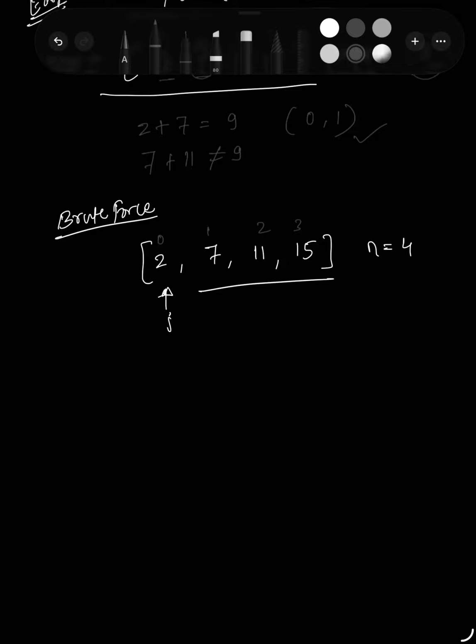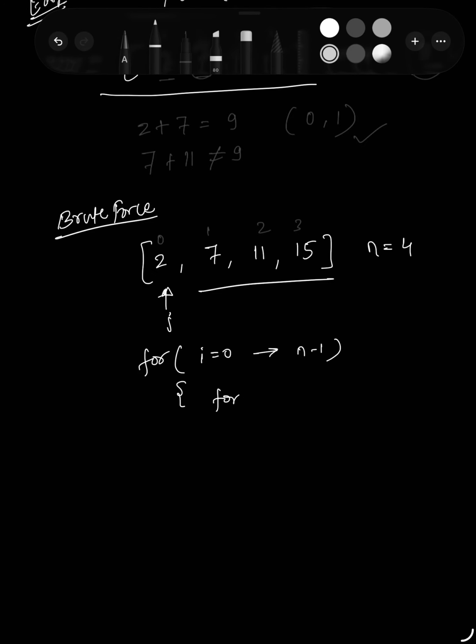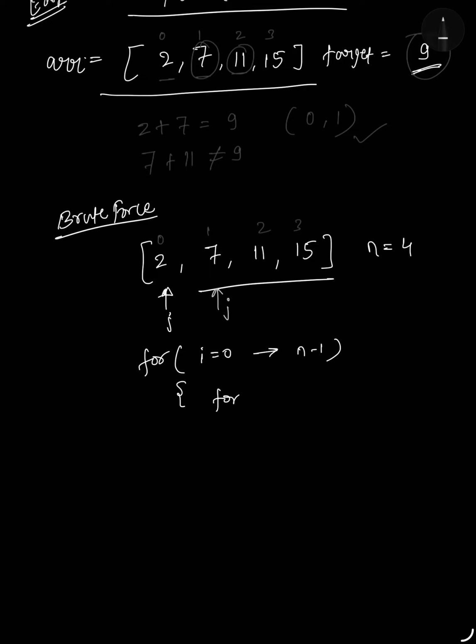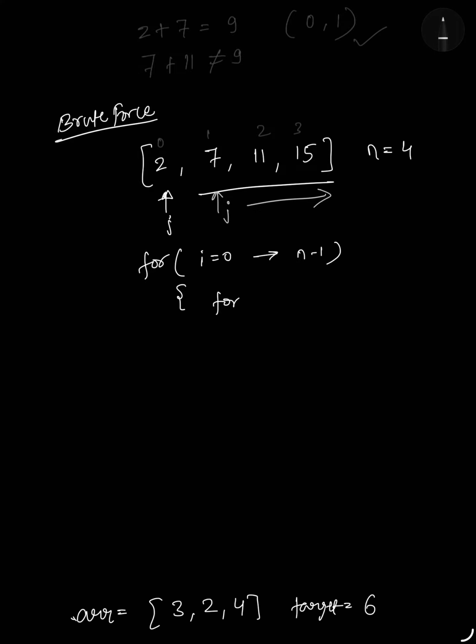So I can run a for loop from i equals 0 to n minus 1, and start another loop from i plus 1, which is going to be the j position. From here in this direction I will be checking if that pair gives me a summation of 9 or not.